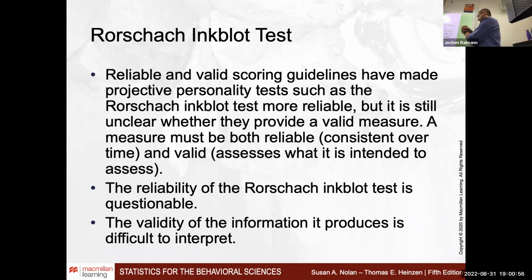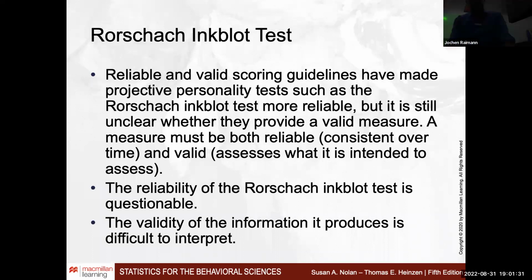So as an example, Nolan and Heinzen here give the Rorschach ink blot test. Does anybody know that test by any chance? Yep. So I am not a psychologist. I cannot comment much on this test, but it is used for various use cases. One of them, for example, is the diagnosis of personality disorders in teenagers, then for some pathological reasons in later age.